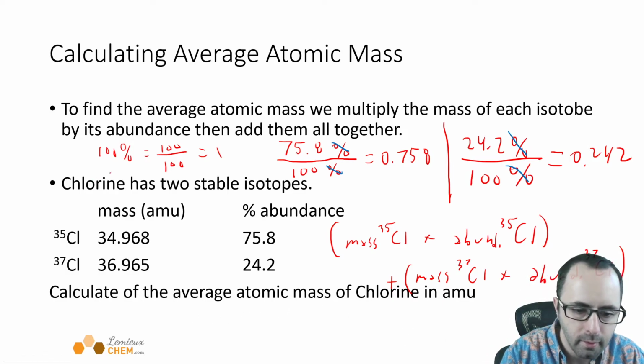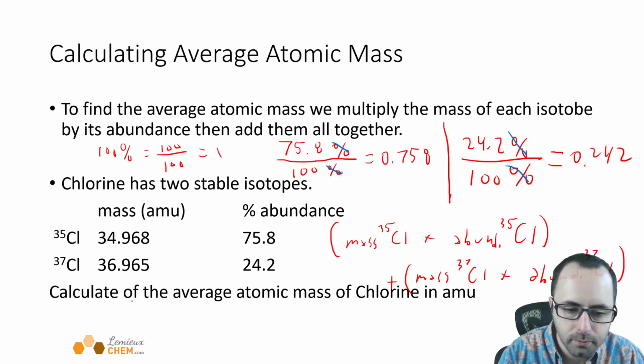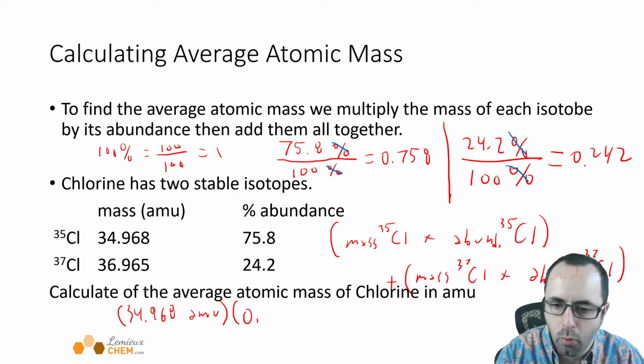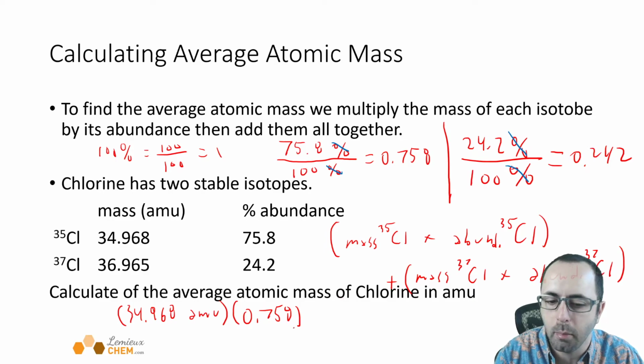So let's write down the numbers here. It's going to be 34.968 AMUs times 0.758. That's the abundance, not the percent abundance, but the fraction that is those.